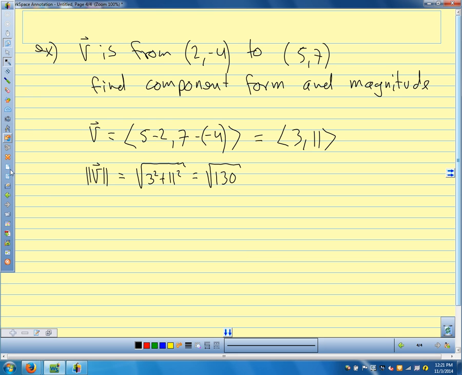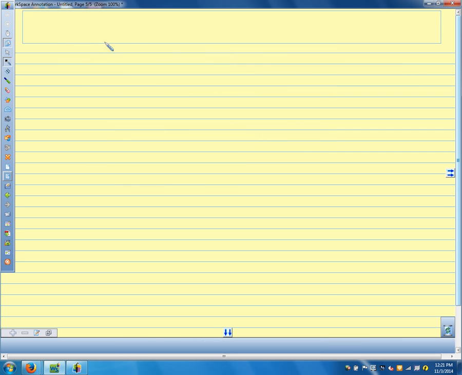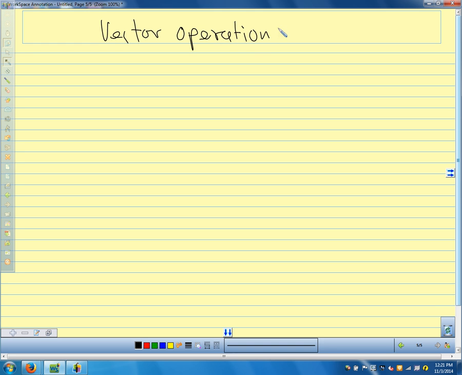All right, so our vector operations. Vector operations just tell us how we add and subtract.